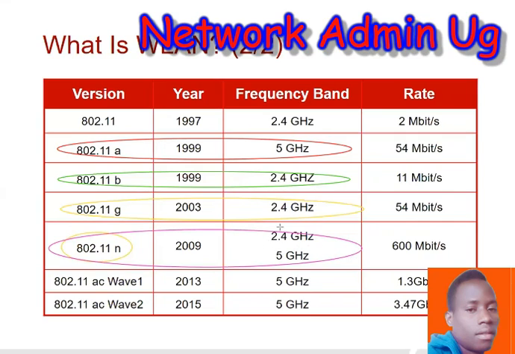Now, this standard mainly was created to provide what we call backward compatibility of all these standards that we see here. Okay, it provided backward compatibility of the standards from A to B to G. Okay, and it could give us speeds of up to 600 megabytes per second.